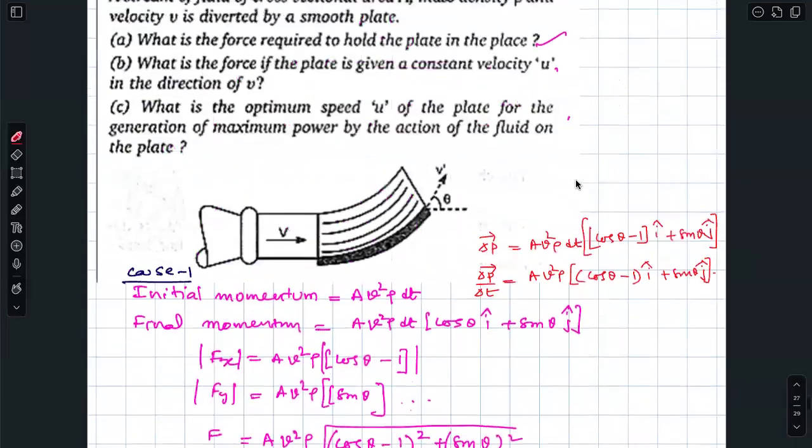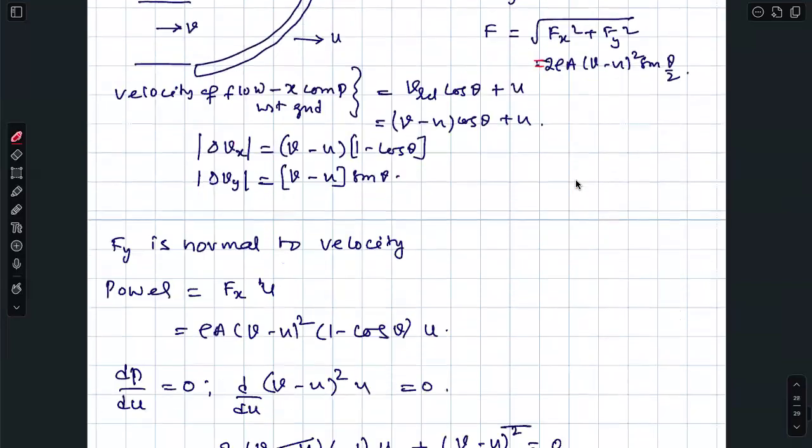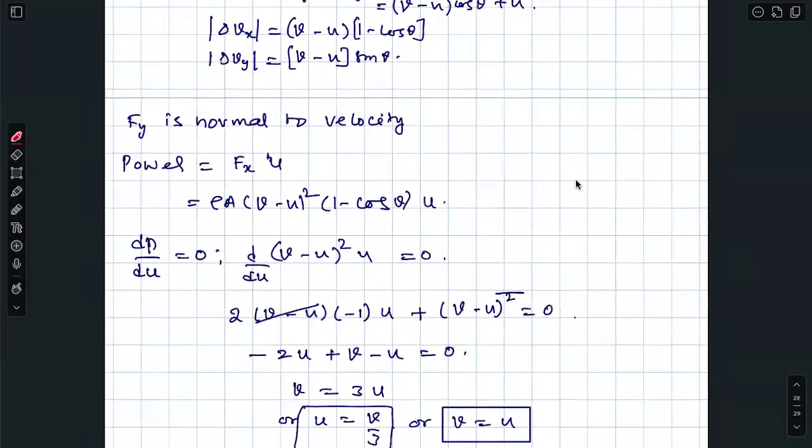What is the optimum speed U of the plate for the generation of maximum power by the action of the fluid on the plate? Very good question. See, you have two components, one is Fx, the other is Fy.